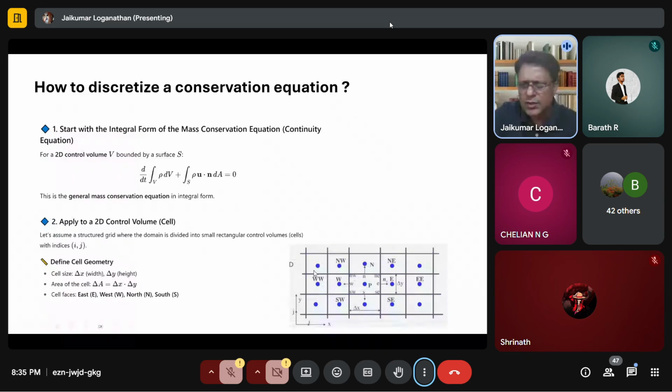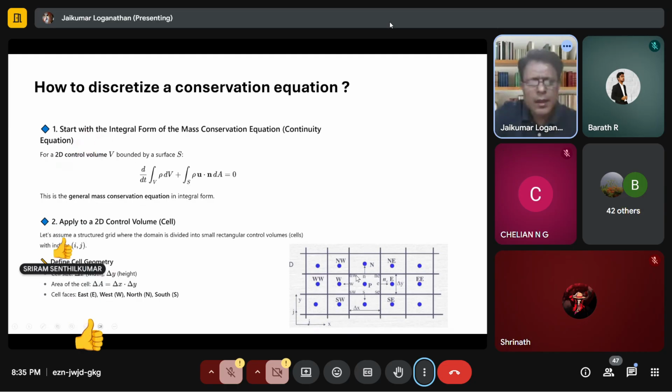There are no other surfaces shared by this cell. That's what they're saying: cell faces east, west, north, and south. Are you guys with me so far about the 2D mesh that we are discussing?